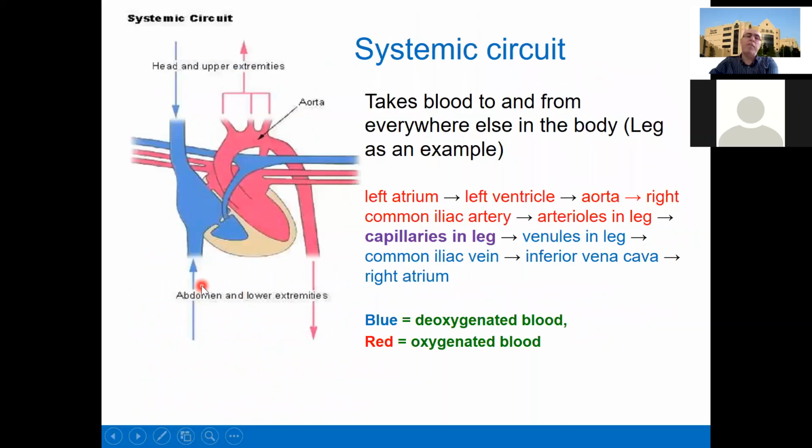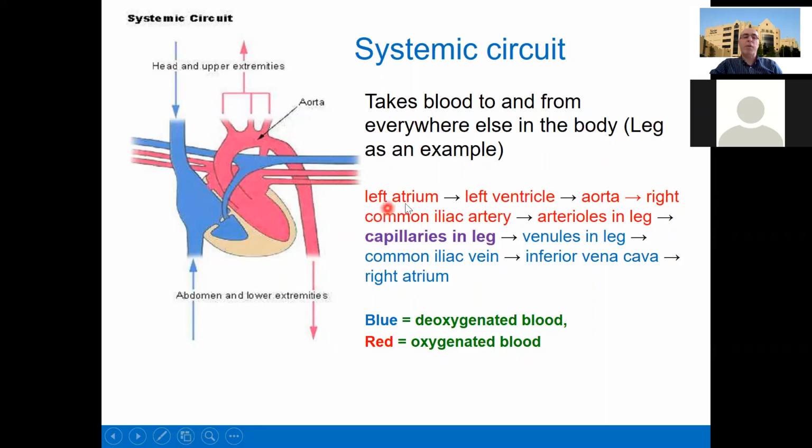The systemic circuit, which is the big circuit in our body, takes blood from the left ventricle to our entire body, for example to our legs.